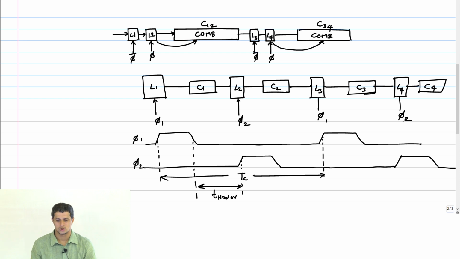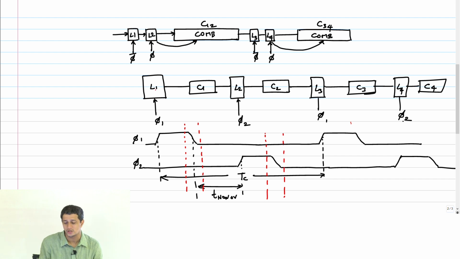Just to remind you, the setup hold window in red that we have to draw is actually here for both phi 1 and phi 2. By default, the latch L that I draw is a positive latch.